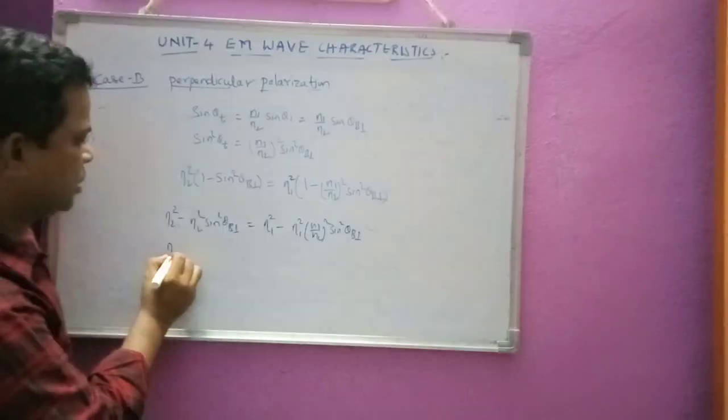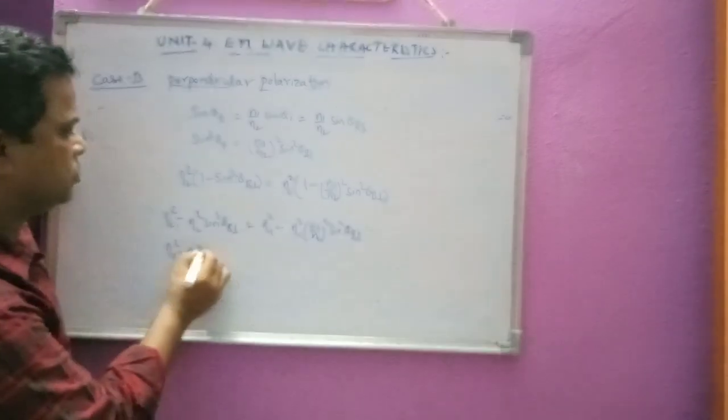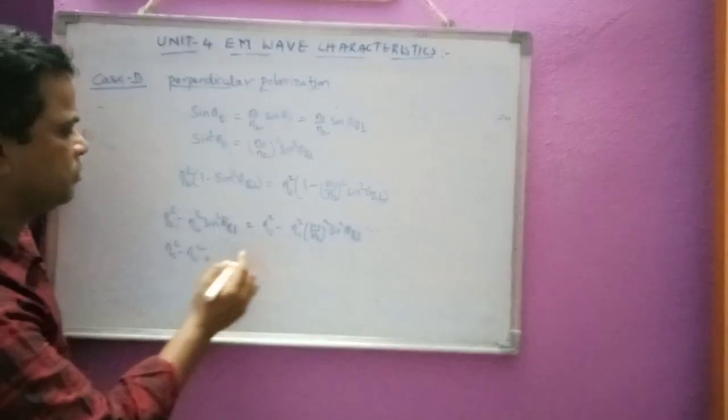Let us see what happens: eta 2 square minus eta 1 square, because we need sin square theta B here.